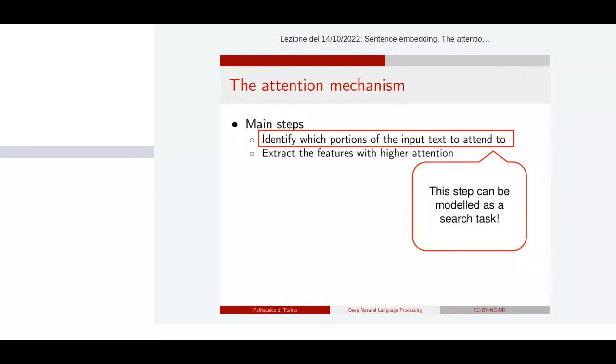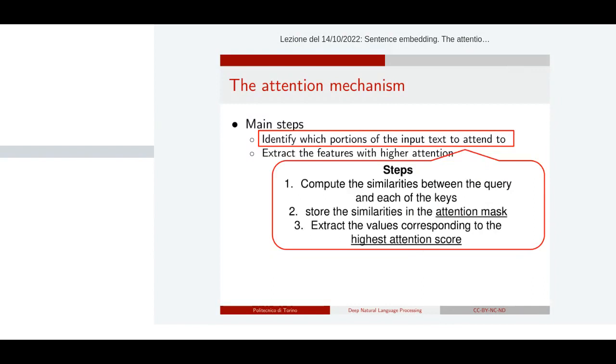We try to match the query with an index called key, which tells you, okay, this query is most similar to that particular key, and then you have to return the value corresponding to that particular key. So we extract the features that have highest attention by using this search mechanism. So we have three items: the query, the key, and the value.